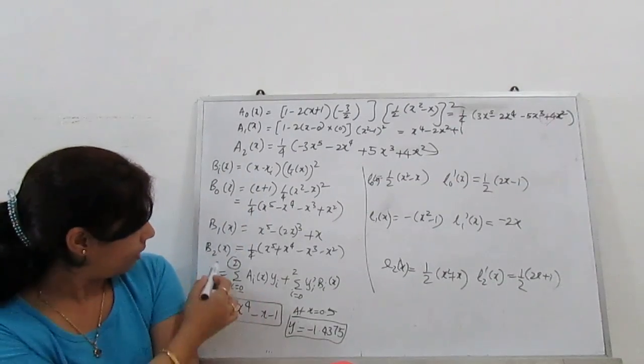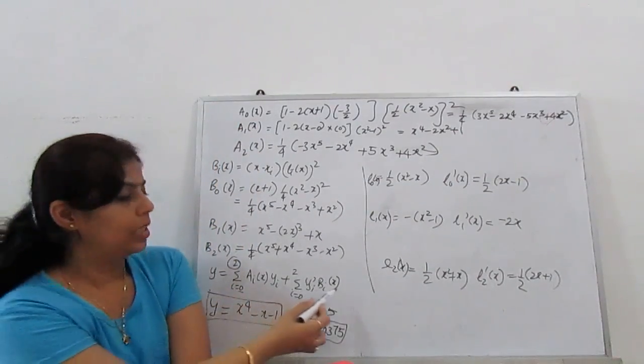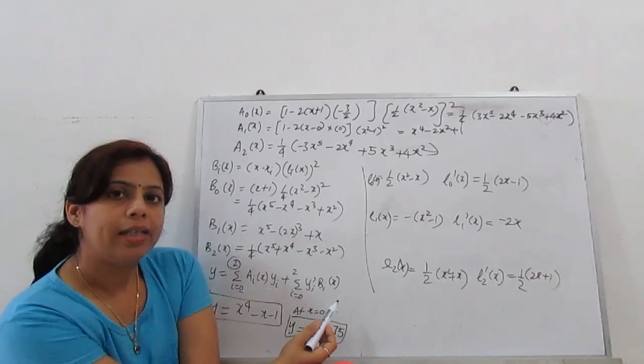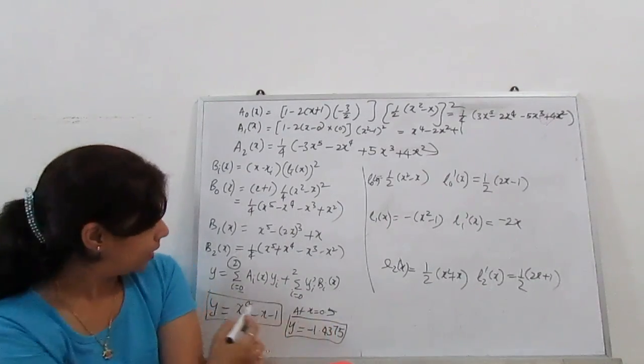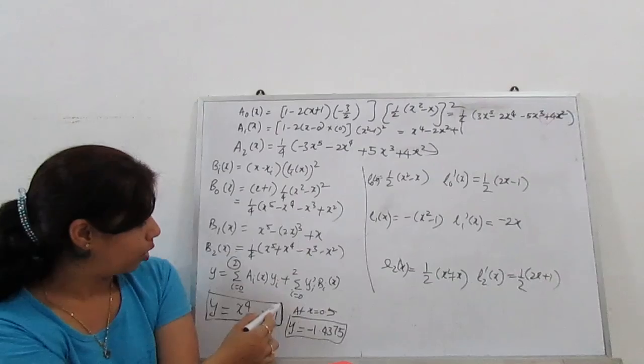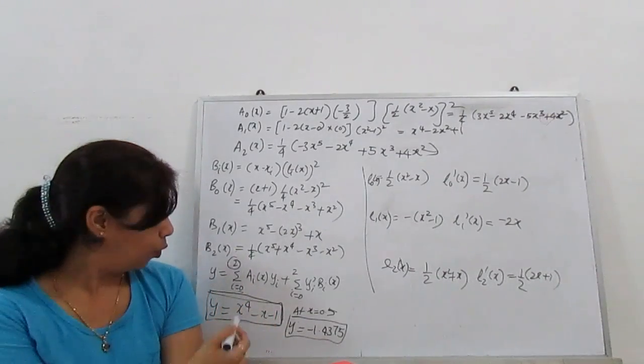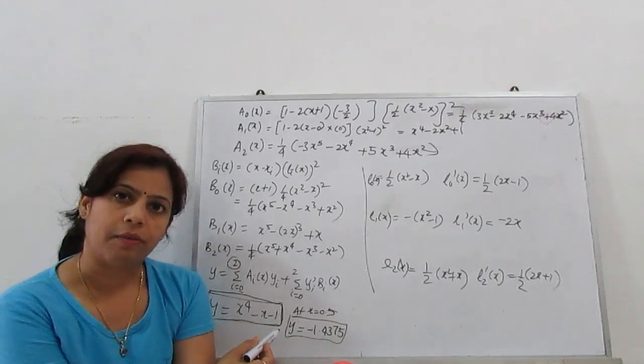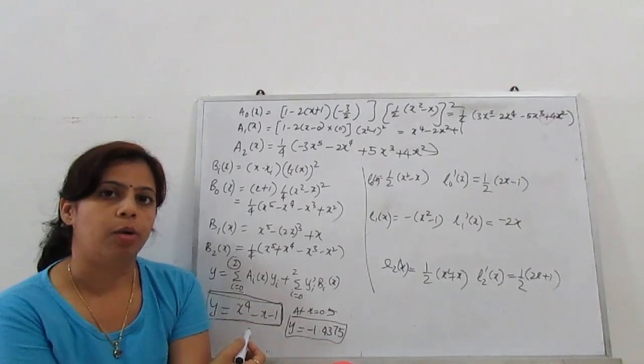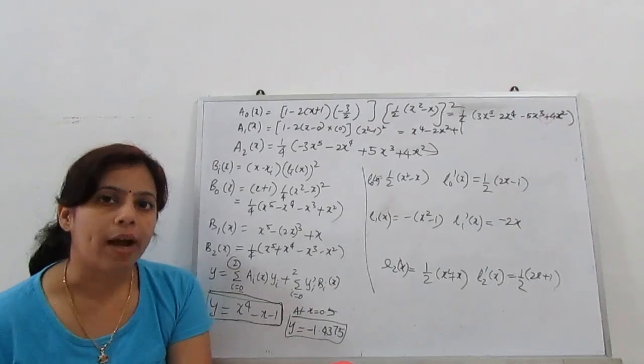So when we substitute all these values in this formula and simplify it, you will get the polynomial, that is y is equal to x4 minus x minus 1. This is the required polynomial, what we wanted to find out.